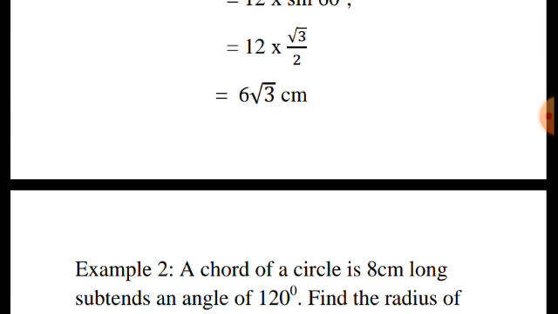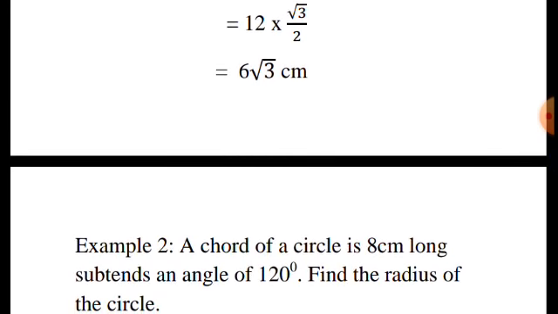Example 2 says, a chord of a circle is 8 centimeters long and subtends an angle of 120 degrees. Find the radius of the circle. From the first example, we were asked to find the length of a chord.